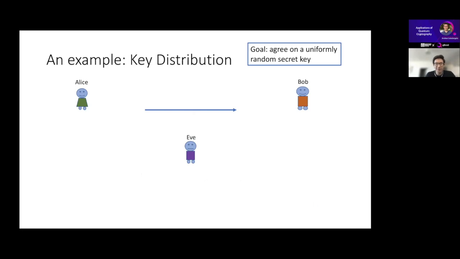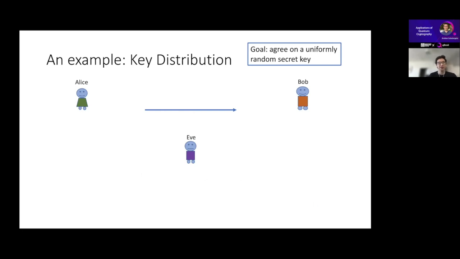I won't describe a full protocol here, but I just want to tell you the essence of how things are different. So, suppose that instead, in the quantum world, Alice doesn't just send bits to Bob. She can send qubits.